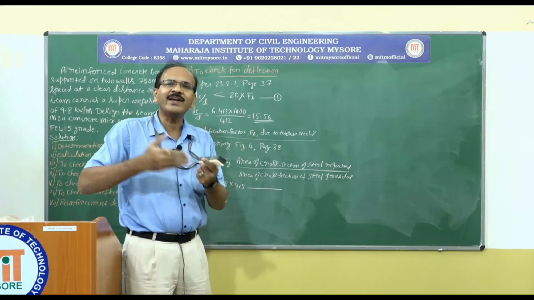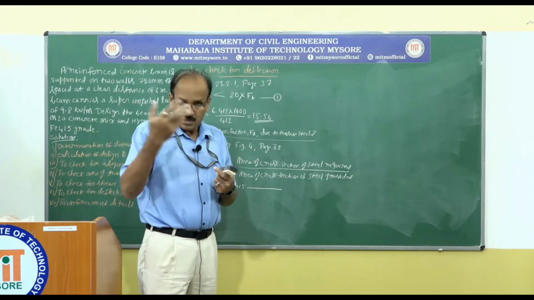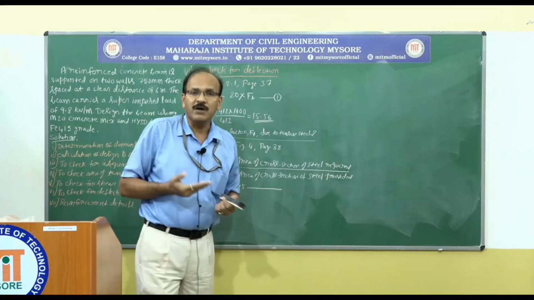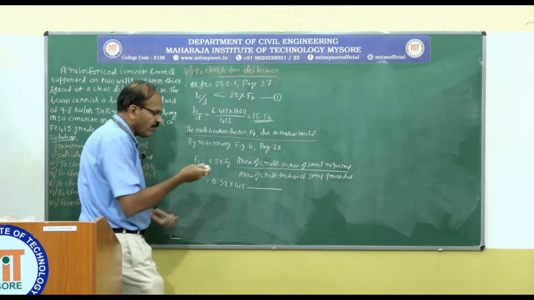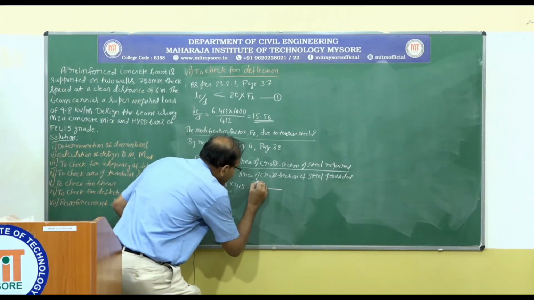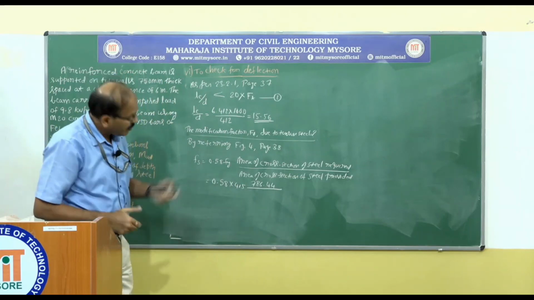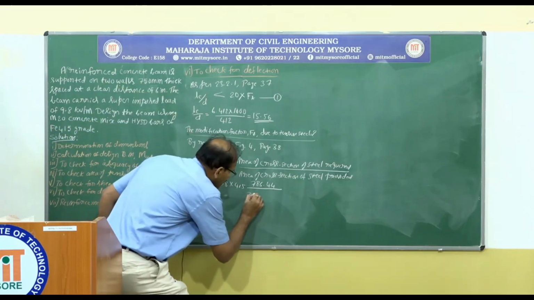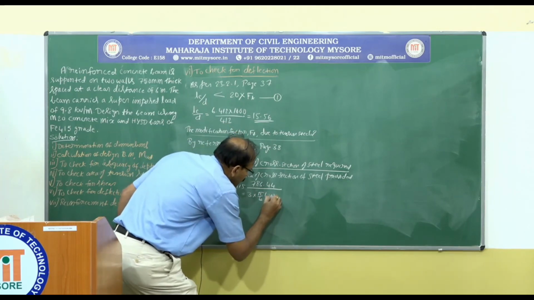Instead, we provided 3 bars. So required as per the calculation was 786.44, and we provided 3 multiplied by pi by 4, 20 square.